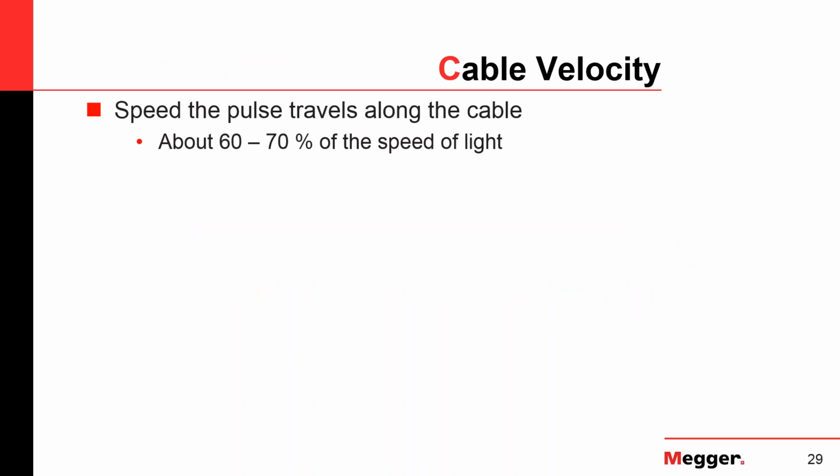Speaking of the cable velocity, the pulse that the TDR is sending out is traveling at a percentage of the speed of light, because there's a solid dielectric, which is 60 to 70% of the speed of light. A typical value for plastic cables would be 255 feet per microsecond. This is one number. For PILC, it's a little less, maybe in the 230s.